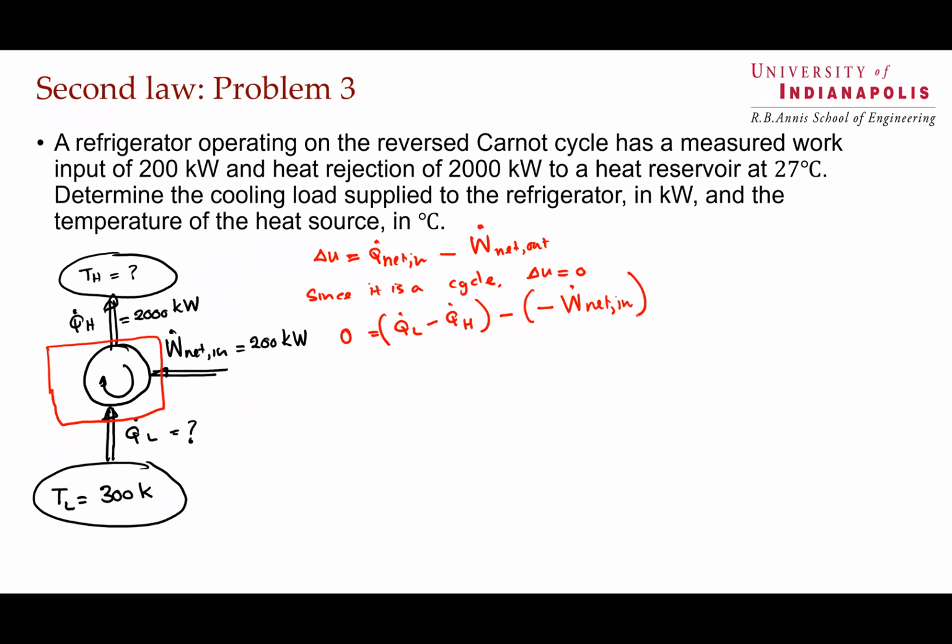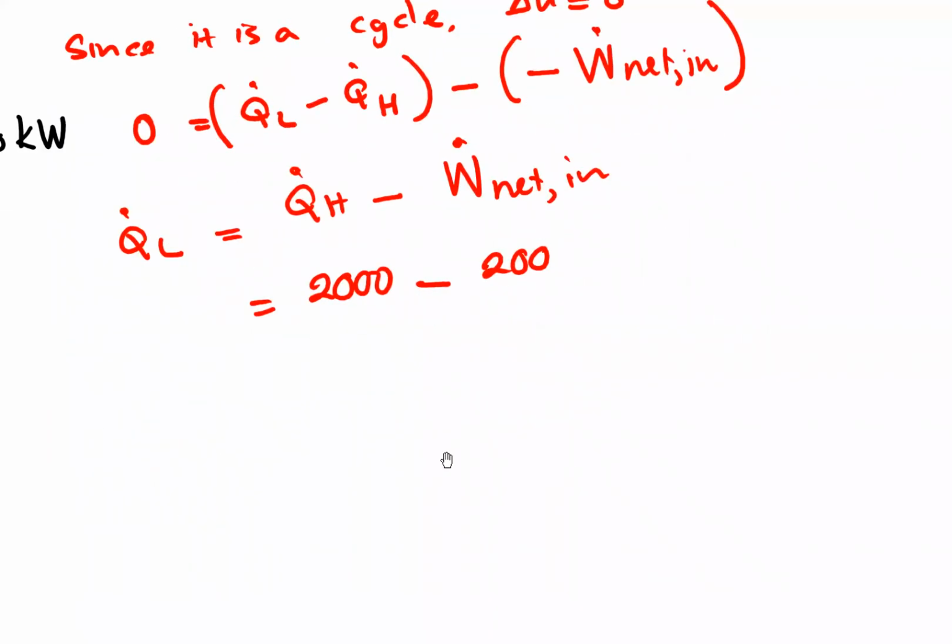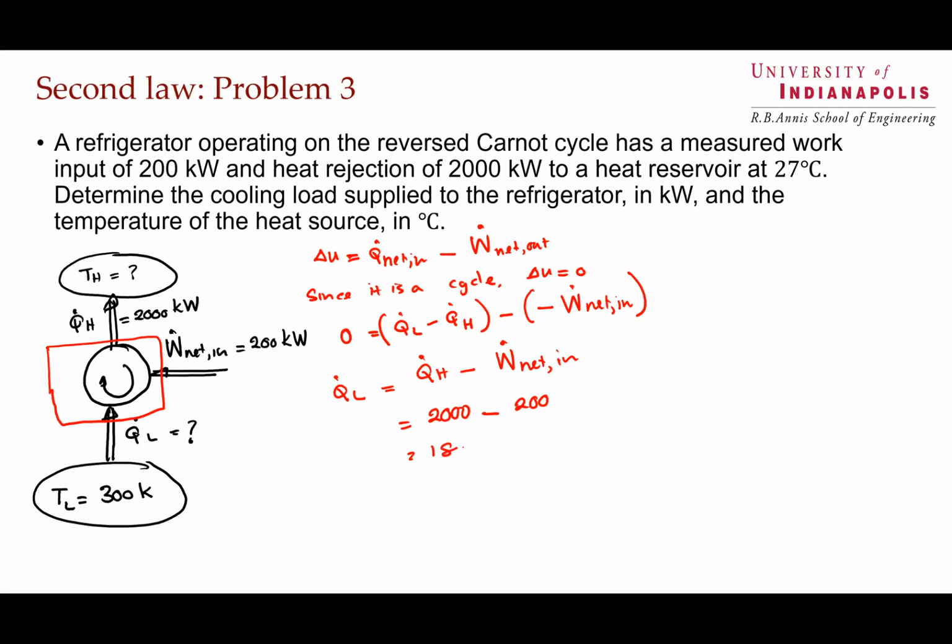So I need to find Q dot L, which is Q dot H minus W dot net in. So we have 2000 kilowatt minus 200 kilowatt, 2000 minus 200. Yeah, so we have 1800 kilowatt Q dot L.